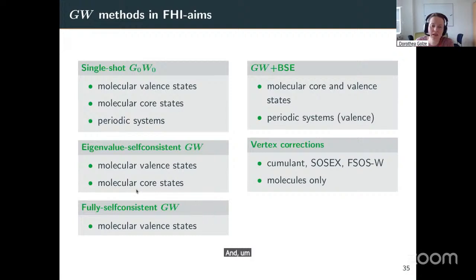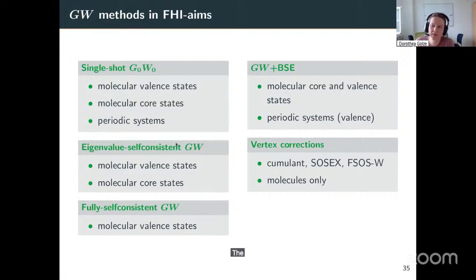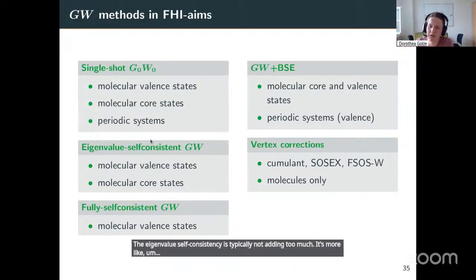And for fully self-consistent GW, I would say maybe 10 to 20 atoms is really feasible. The eigenvalue self-consistency is typically not adding too much. It's more like you run maybe a factor of 10 more, right?